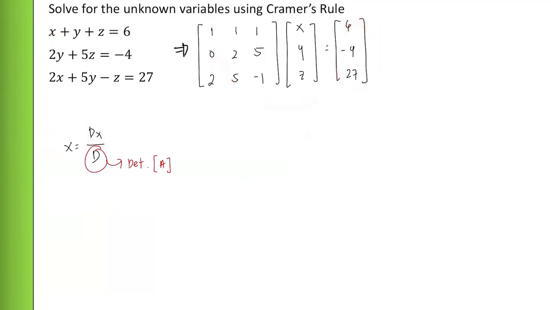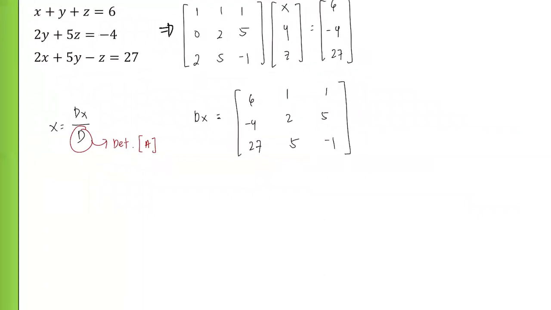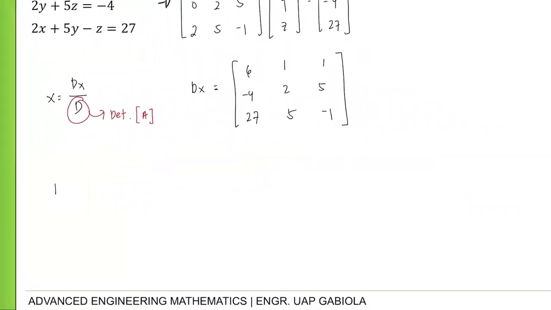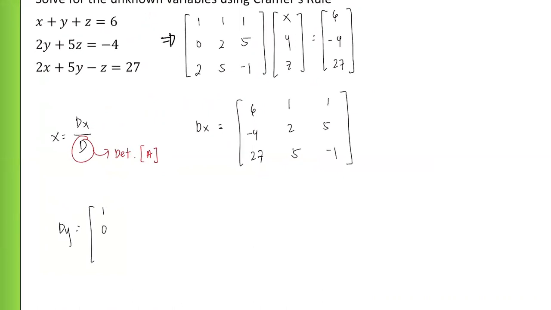Ibig sabihin, yung dx natin will be equals to 6, negative 4, 27, 1, 2, 5, 1, 5, negative 1. Okay? Yan yung dx natin. For dy, sa y mo lang siya i-substitute. Okay? So, kopyahin mo yung original na x.